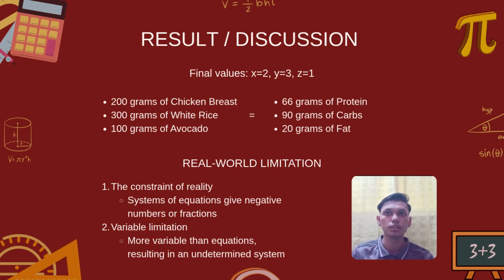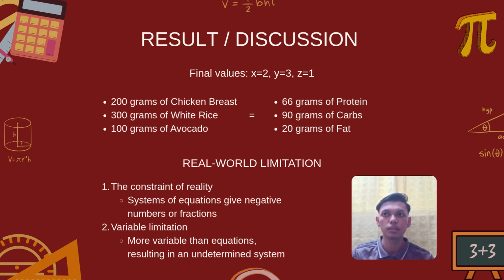Now that we have successfully applied Gauss-Jordan elimination to our matrix, we get our final values of x equals 2, y equals 3, z equals 1. But what does this exactly mean in the real world? Because our initial variables were measured in 100 grams per serving.